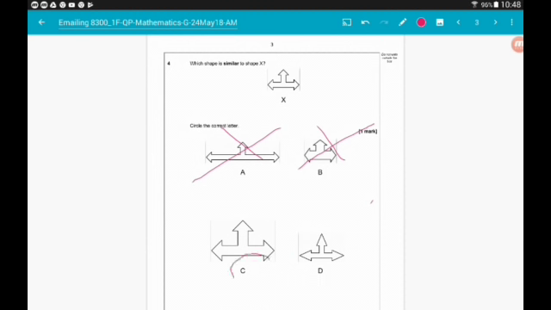C is our guy, and D can't be our guy. All that's happened there is the arrows have got pointier, so it couldn't have been D. Good times.